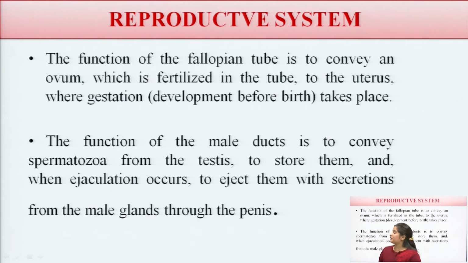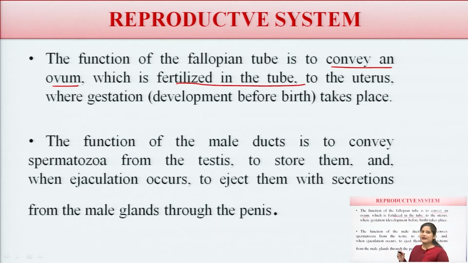The function of the fallopian tube is to convey the ovum, which is fertilized in the tube, to the uterus, where gestation takes place. What is gestation?